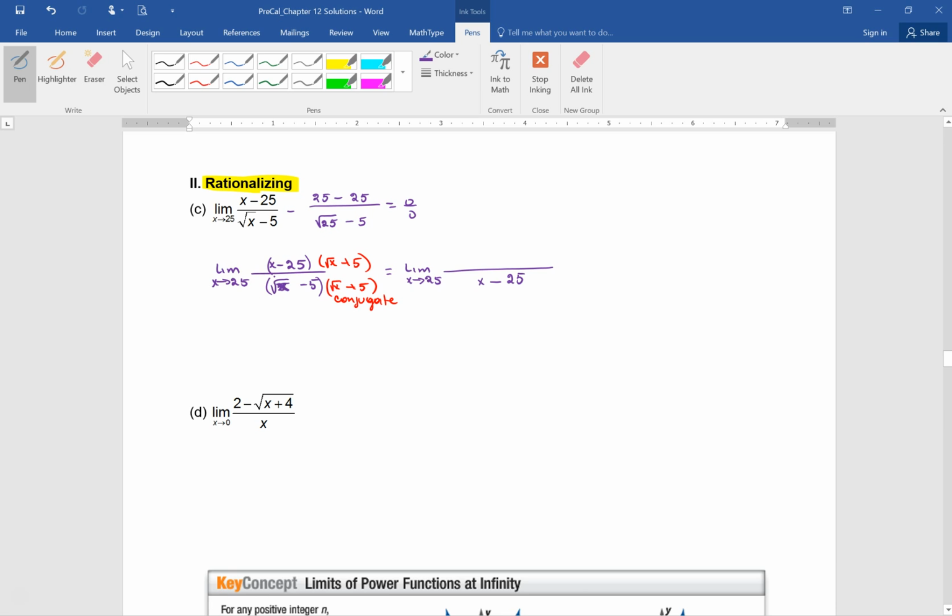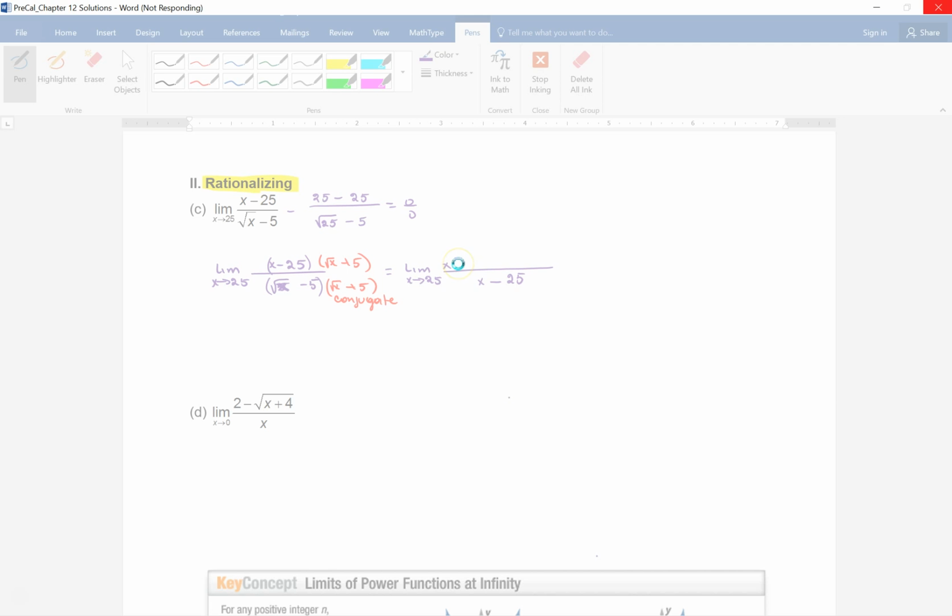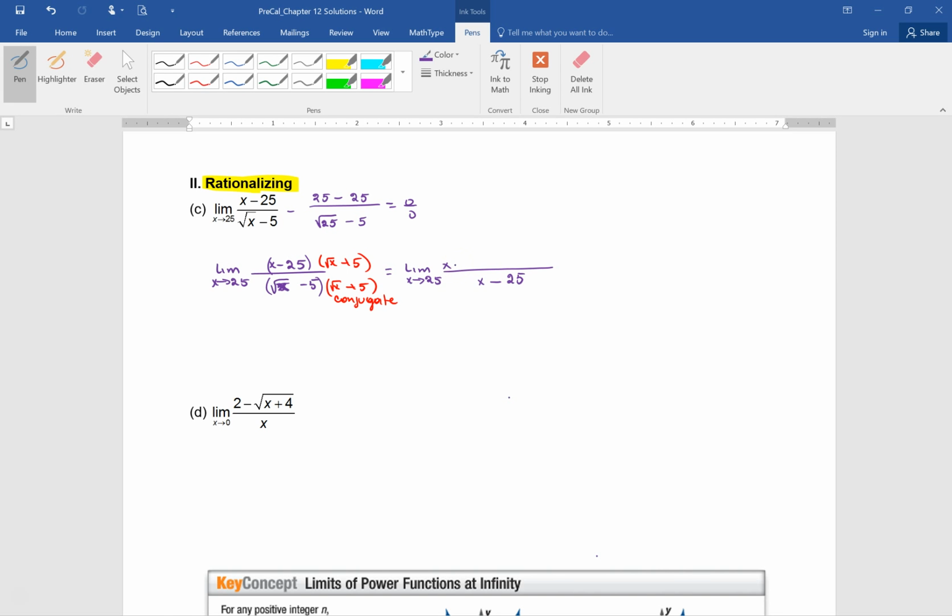All right, so let's FOIL that one. The first terms give you x root x. Outer terms give you 5x. Inner term gives you negative 25 root x. And the last terms, negative 20 sorry, negative 125. I subtracted.